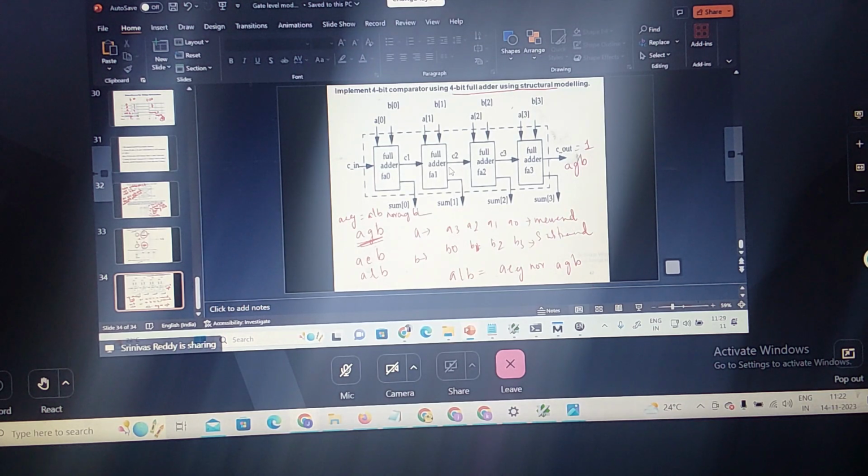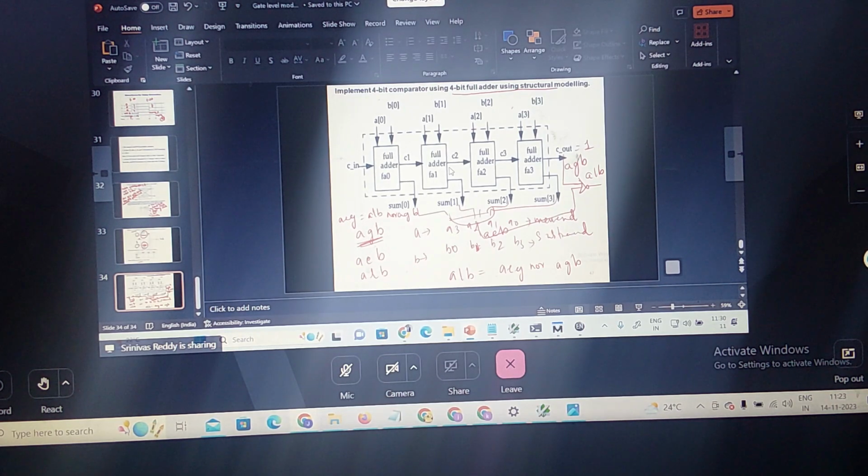All these 4 outputs you can put through an AND gate. This gives me A equal to B. Then how to get A less than B? What is the relation? A equal to B NOR A greater than B. So if you take this as A greater than B, and A equal to B, through a NOR gate, this gives me A less than B. So I am giving you a hint how to find greater than, less than, or equal to.